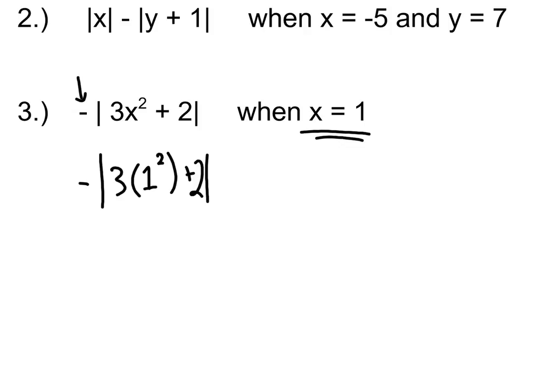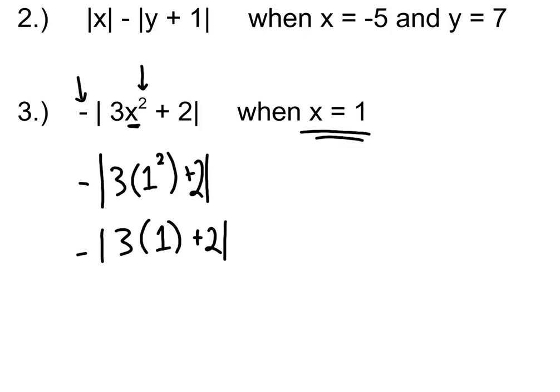Now notice this 2 is with the x, so please don't take 3 times -1 squared. It's just that value of x that's being squared. That's why I have -1 squared in its own set of parentheses there. Using the order of operations, we know that exponents come first, so let's take -1 squared first. We have negative absolute value of 3 times, well, -1 times -1 is 1, and then plus 2.